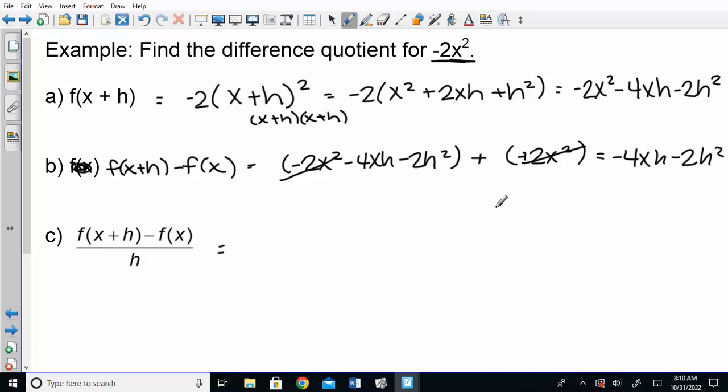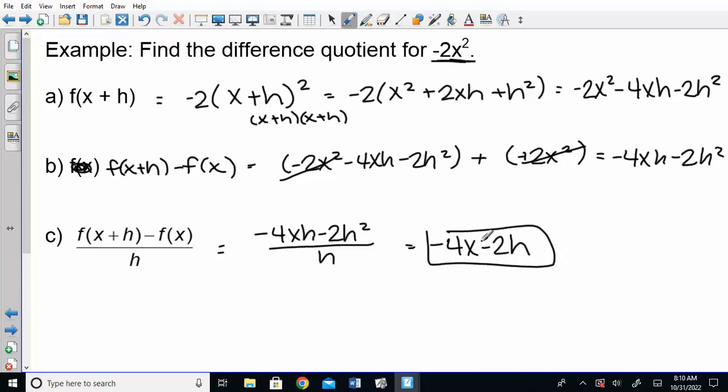Part C is the answer we just got, divided by h. So we have to reduce an h out of everything, and that would be our final answer.